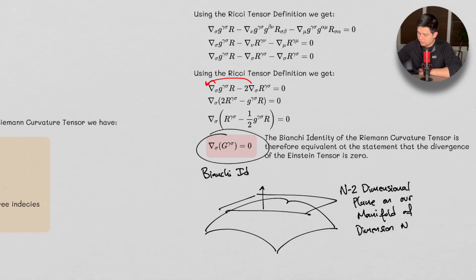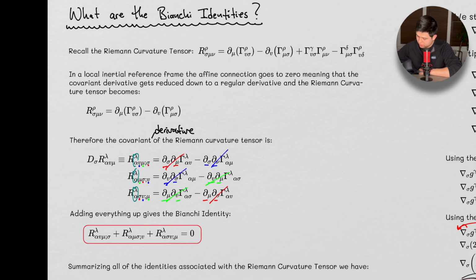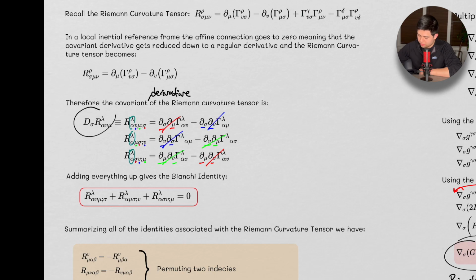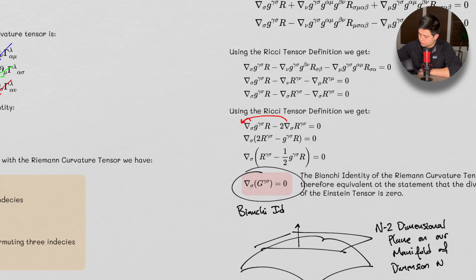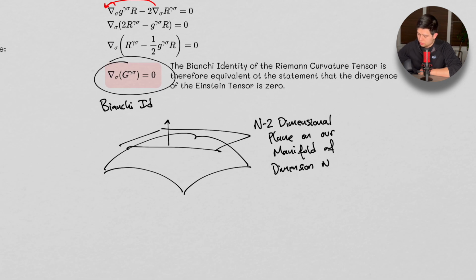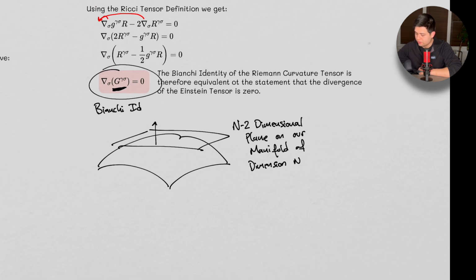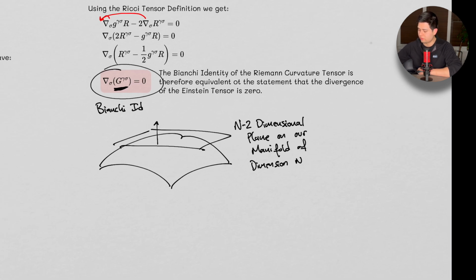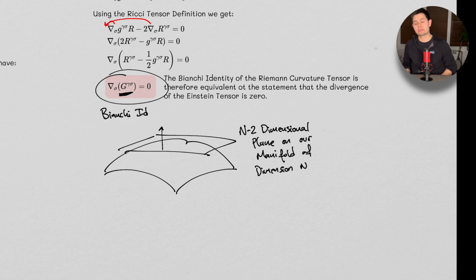If you recall, the Bianchi identity was nothing more than taking multiple derivatives of the Riemann curvature tensor. Right, so the divergence of this tensor is 0. All right, that's the claim. The Bianchi identity of the Riemann curvature tensor is therefore equivalent to the statement that the divergence of the Einstein tensor is 0. And this is critical.